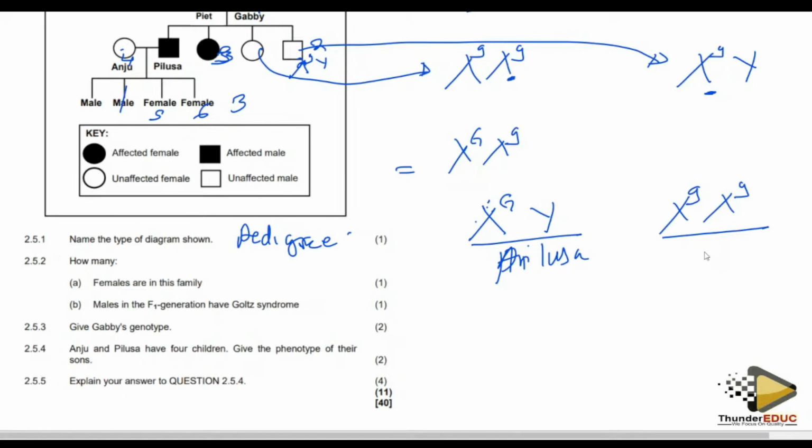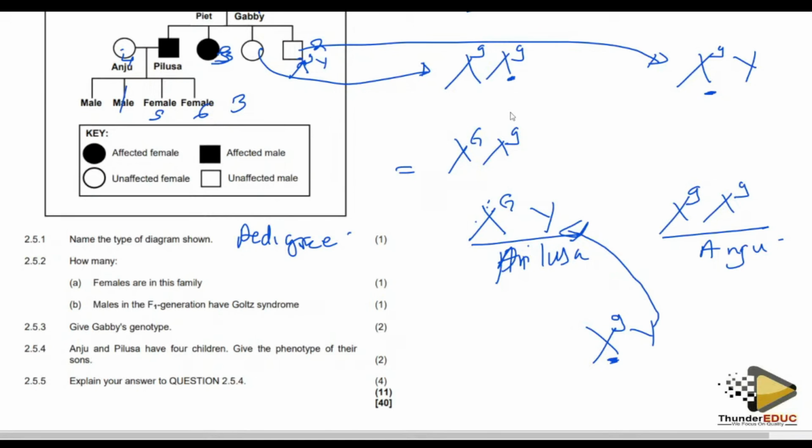So if they are looking for the sons, how are these sons going to be? Automatically the son is going to have this. You know why? Because the father will always give the Y to the son, and the X is always coming from the mother. So a recessive sex-linked condition in males is caused by the female.